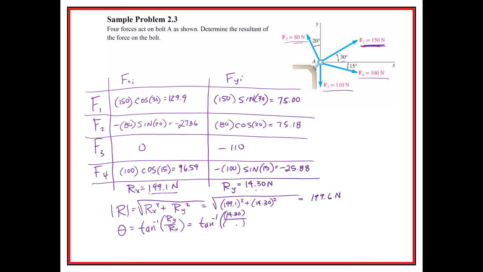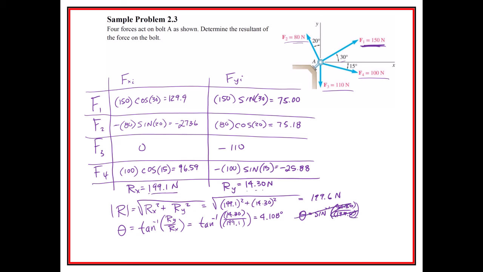You should try to be a little neater. I try to rush sometimes, and that's not good for us. And that's going to be 4.108 degrees. By the way, you could also have done the inverse sine of 14.30 divided by 199.6, and you would have gotten the same thing.